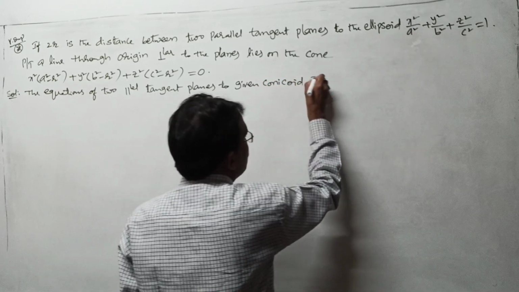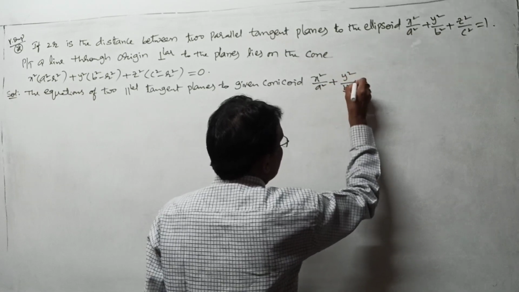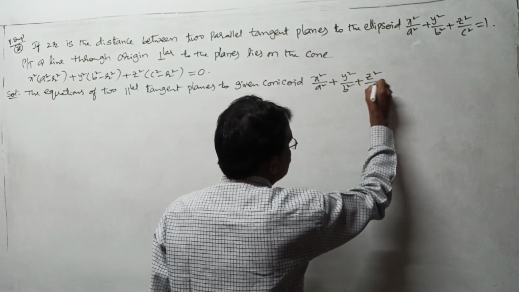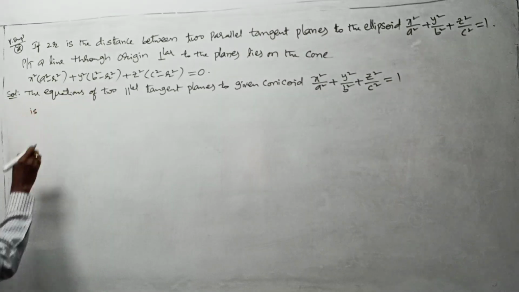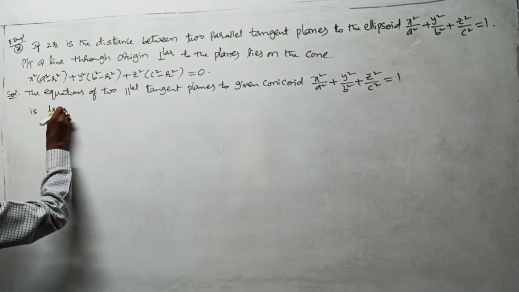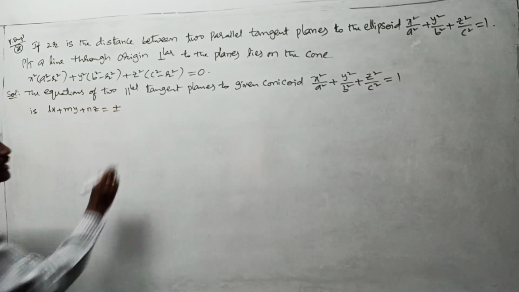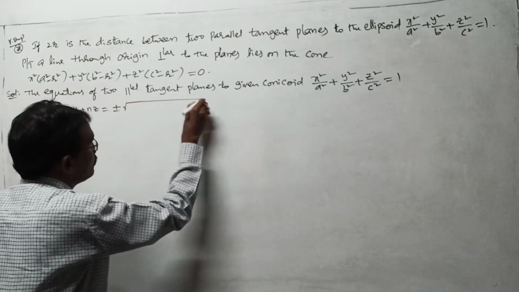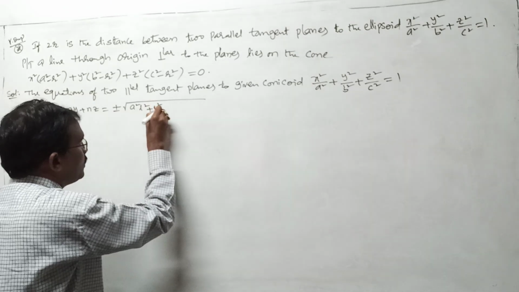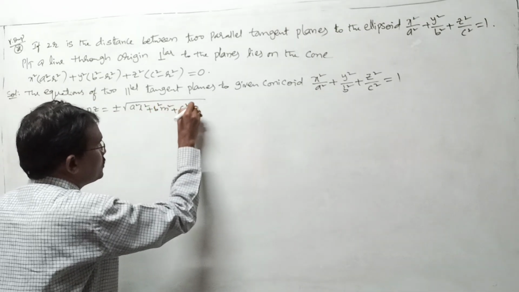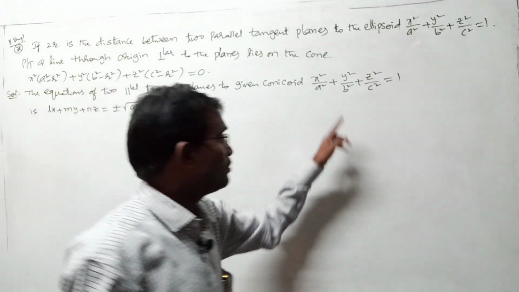What is that conicoid? x²/a² + y²/b² + z²/c² = 1. You know that lx + my + nz = ± √(a²l² + b²m² + c²n²), according to theorem number 2.